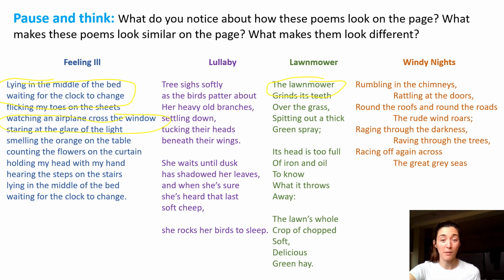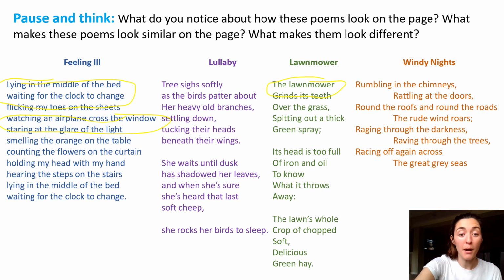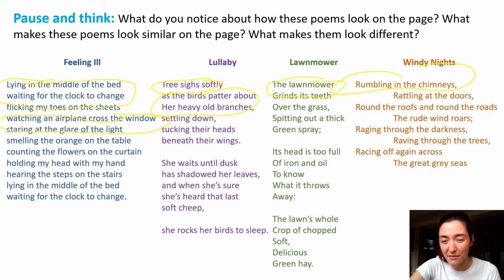And then some poems have both, like in Lullaby and in Windy Nights. Some poems have just 3 words, while some have 5, or some have 4 over here. And, well, most of the ones in Windy Nights, it's between 4 and about 6, right? So you can have short lines, you can have long lines, you can have short and long lines together.